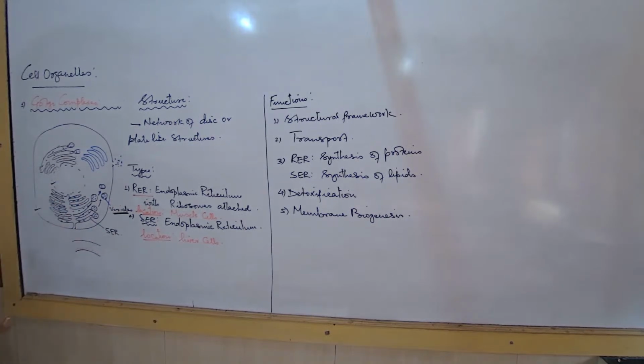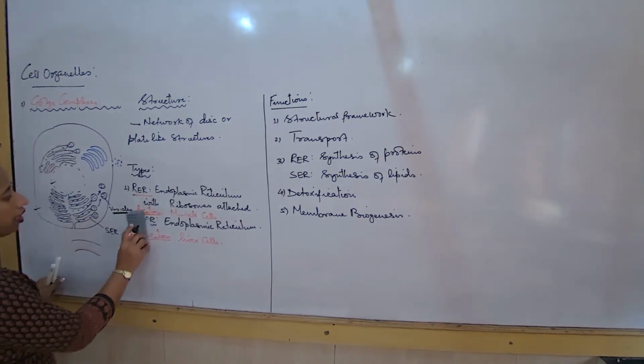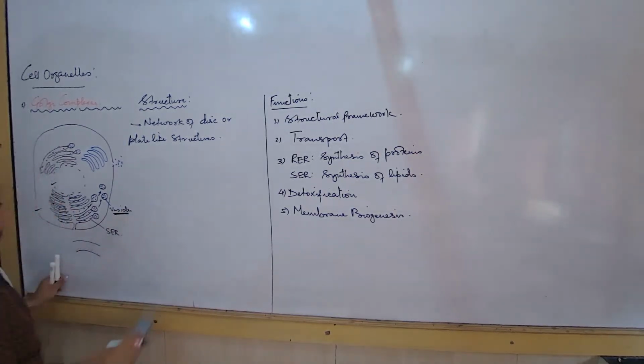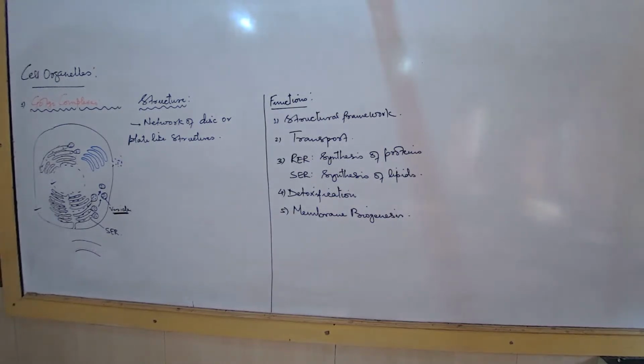Now, does this Golgi have any types? No, not exactly. Unlike the endoplasmic reticulum that we have been talking about, they don't have any types. But the tubules and the stacks that we are talking about may sometimes take different shapes.